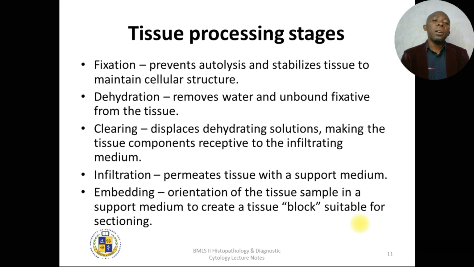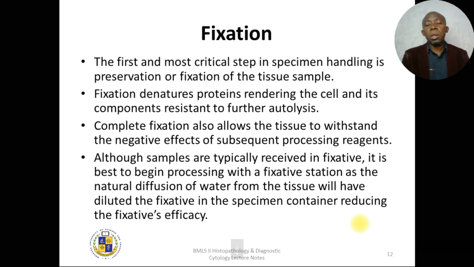Here we need to take note that the infiltration reagent should in most times be the same as the embedding medium, so that there is matching. The last step is embedding, orienting or placing the tissues in a supporting medium using a mold, so that we can have a solid block that we can mount on the microtome and carry on with the sectioning.